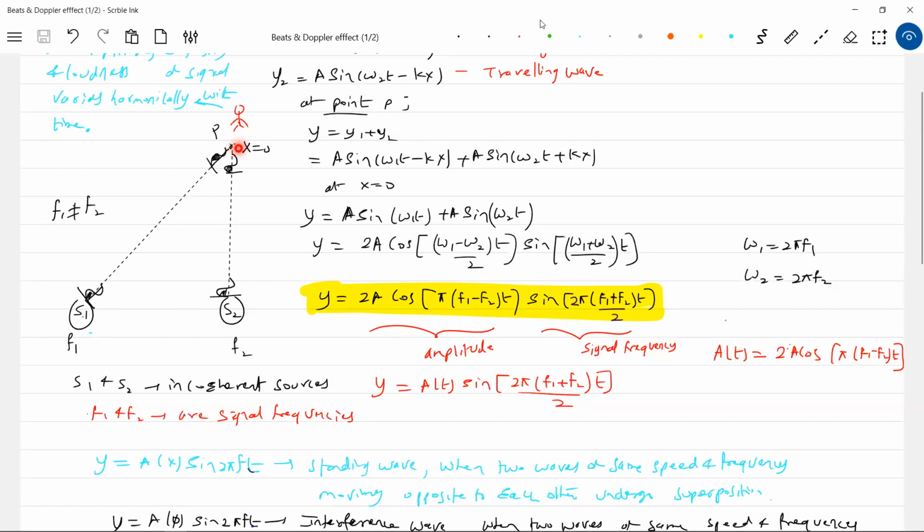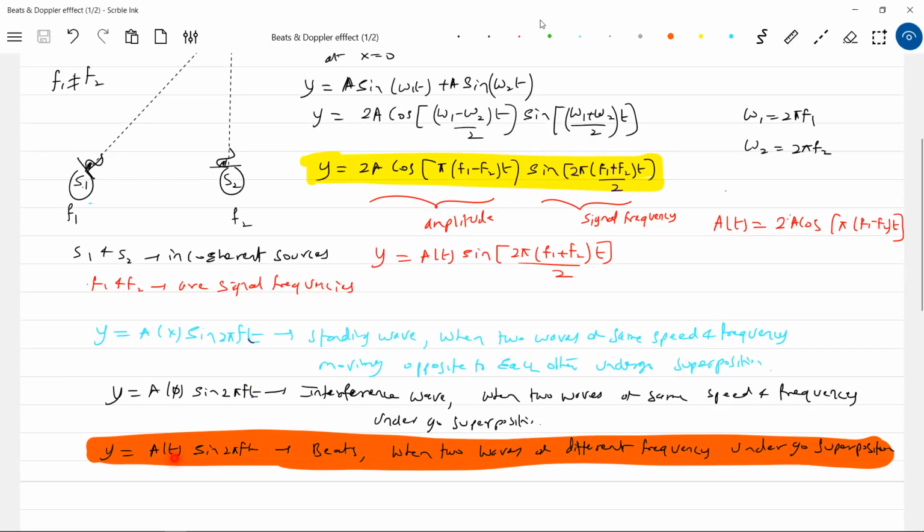This is what happens in the beats phenomenon. Are you able to understand? There's a core concept, the rest is all mathematics. What was said is that it varies with time. How it varies, harmonically or otherwise, we took harmonic waves. I can take any other time variation, but altogether it varies with time.